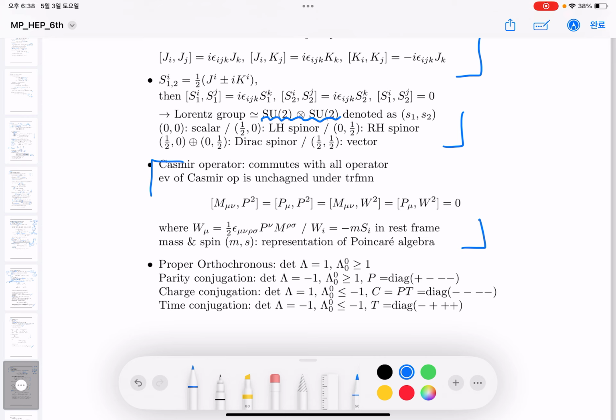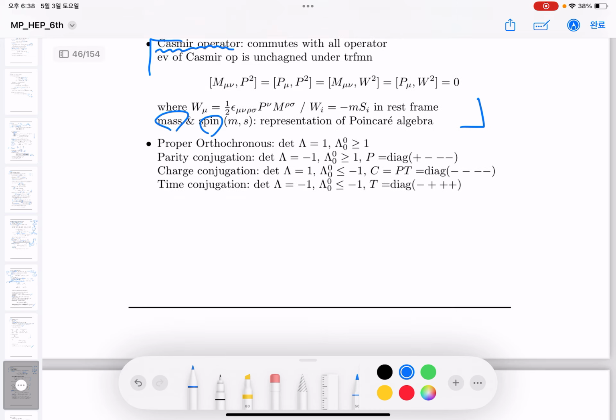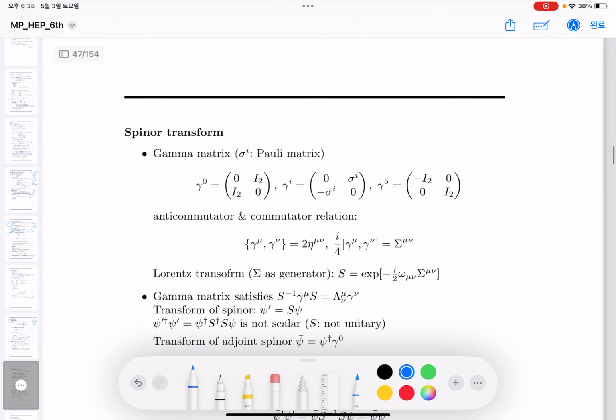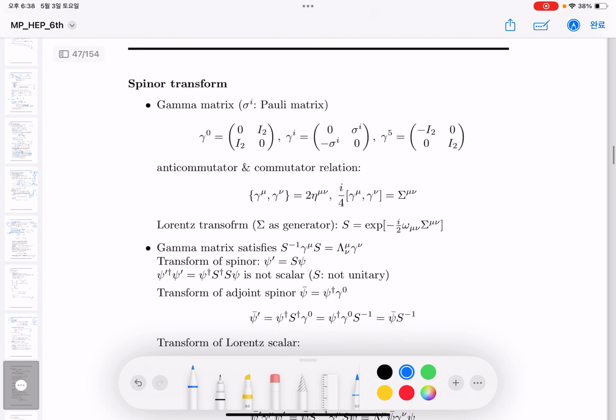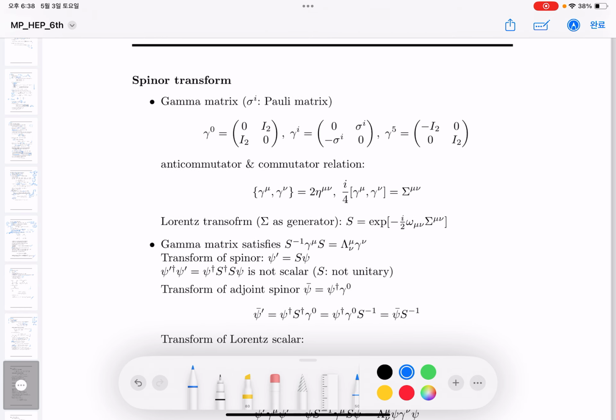The point is that in such a Poincare algebra there are Casimir operators which commute with all of the generators. These represent the possible eigenvalues or the representations of the Poincare algebra. So one is the mass and the other one is spin. The spin is one representation of such a space-time symmetry, and among those, the half-integer spins are quite interesting.